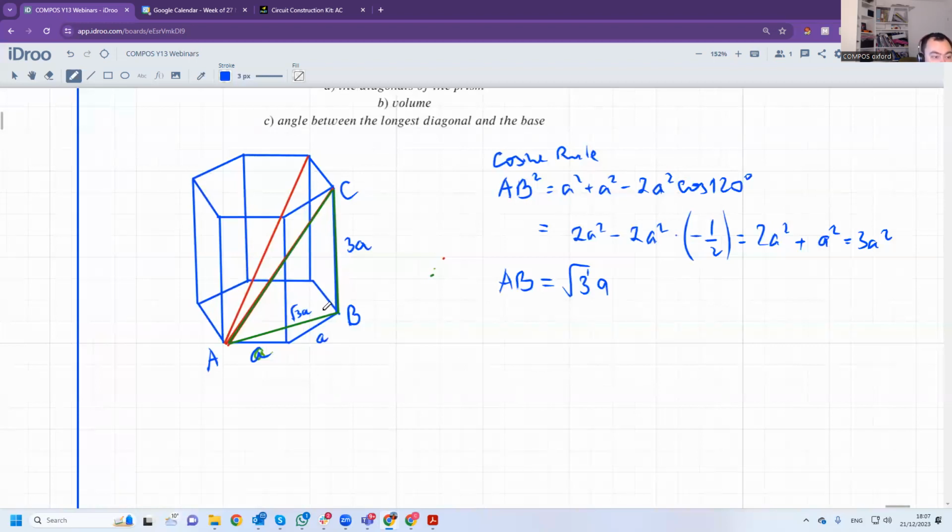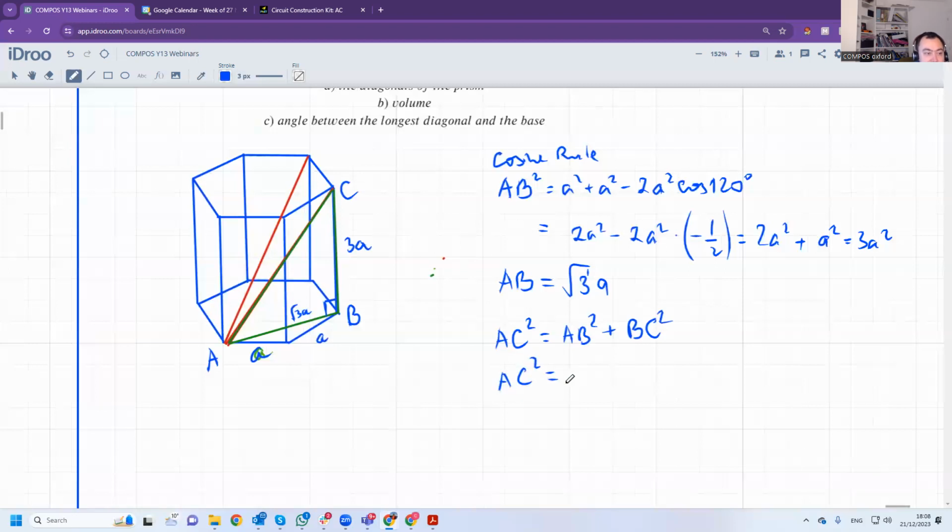And then we use Pythagoras because this AB is in the plane of the base. Therefore, BC is perpendicular to AB. So it's a right angle triangle. Therefore, we have AC squared is AB squared plus BC squared.